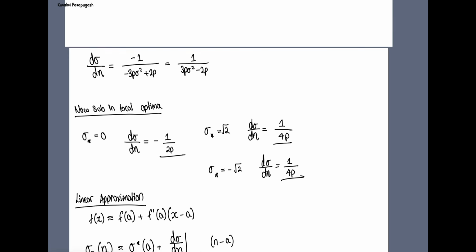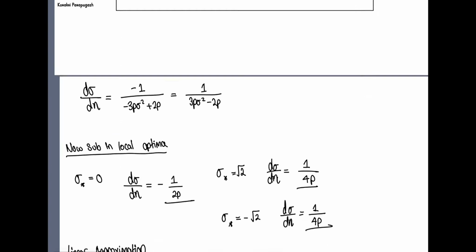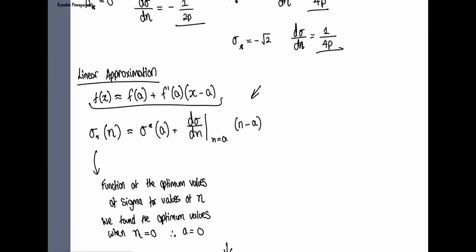X0 is basically a, so here I used a for my formula, here I've just used x0. And as you can see, we're going to need the second derivative. And all of this is the exact same as before.